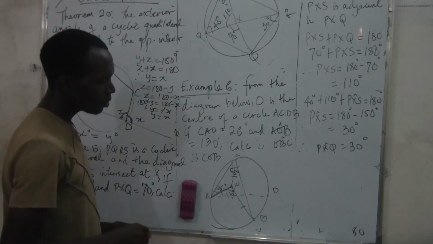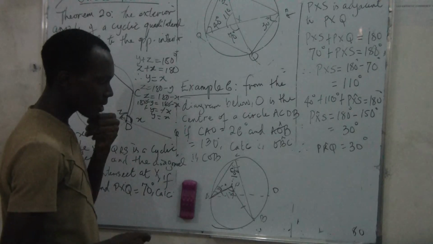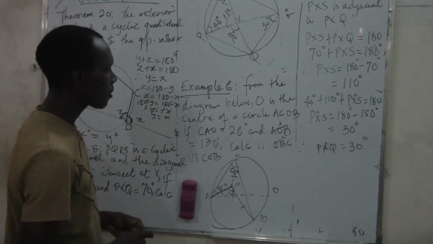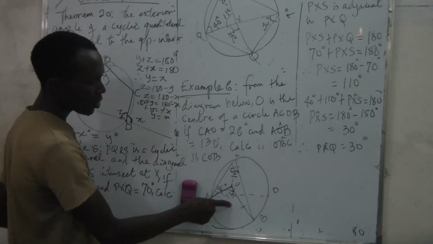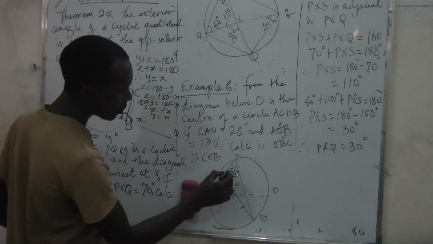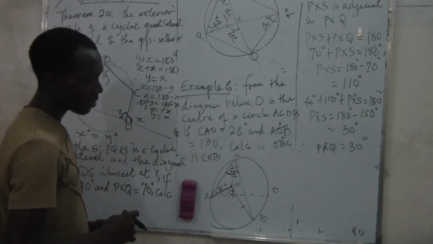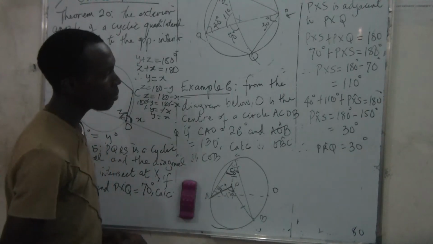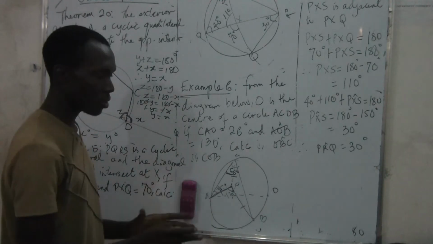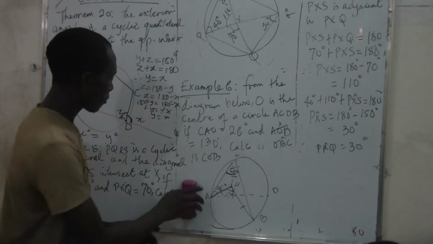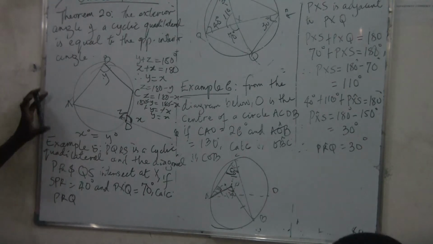With this information, we can also say that this angle here is 130 degrees. We can also say that this angle is what? We're already solving the question without writing. So let's wipe a part of the board off to better illustrate the calculation. Are we through with this part of the board?